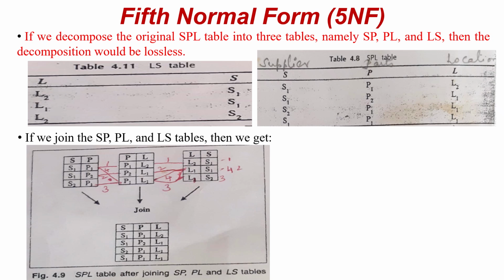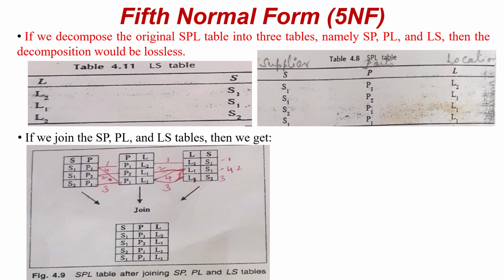For PL, we have P1 L2, P2 L1, P1 L1; then P1 L1 comes again, so we can avoid that in the second table. For the third one, LS, L2 S1 is there, and L1 S1 we can have, and the third is L1 S2. L1 S1 is already available, so we can avoid that.